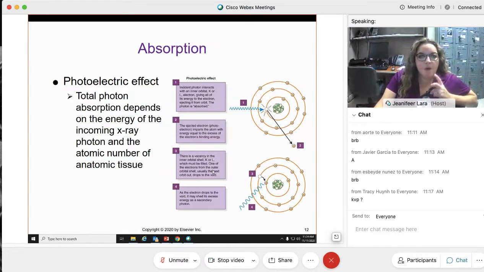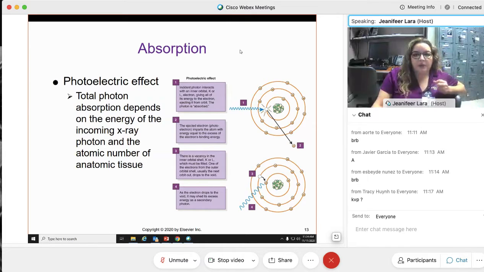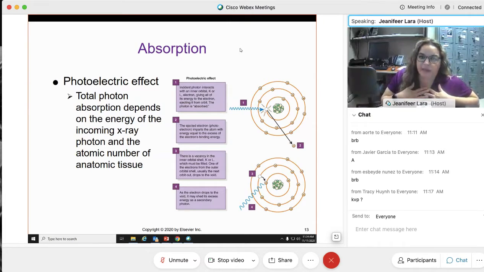Okay? So in your book, it goes back. I'm not going to spend a lot of time on it, because I think we did fairly well. Photoelectric talks about inner shell ejecting or ionization. We know what the inner shell name takes on once it's been ejected. We know that energy is lost.